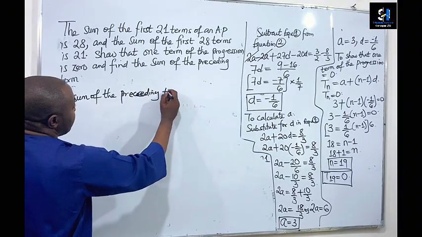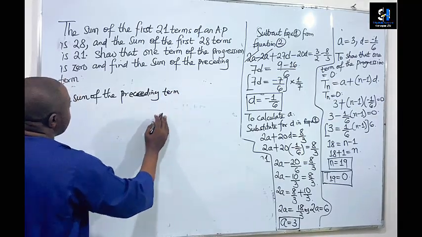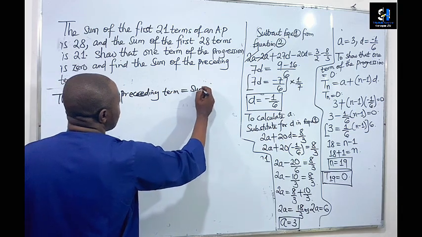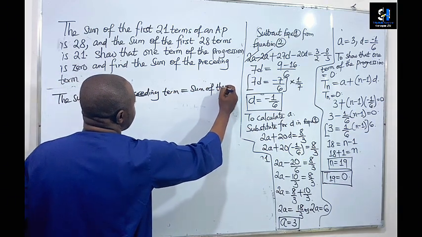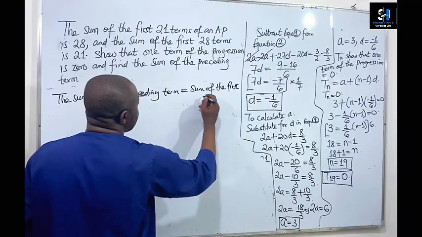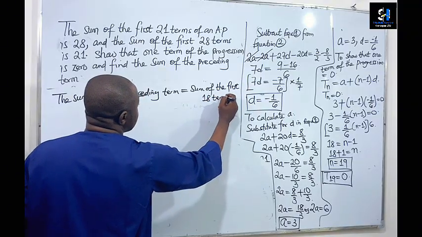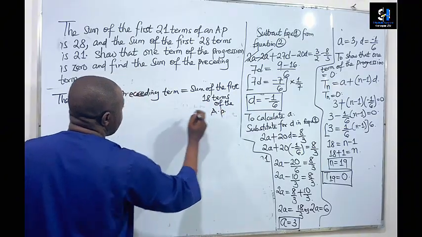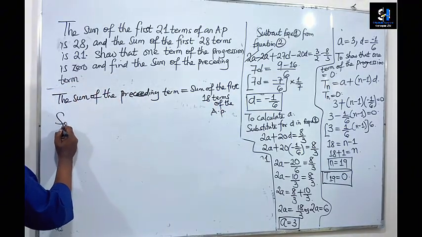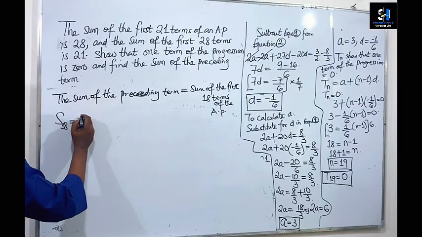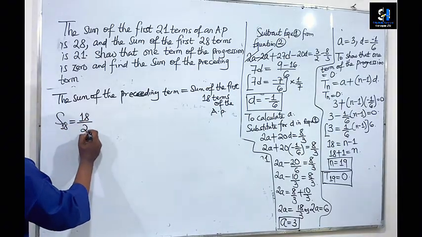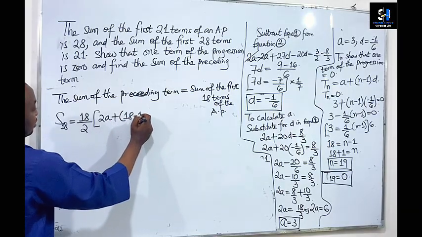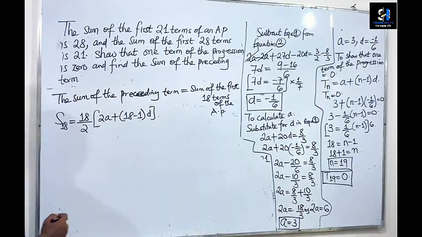The preceding term is the 18th term, which is the term before 19. So we look for the sum of the first 18 terms. The sum of the preceding term will be equal to the sum of the first 18 terms of the AP, and that will be S subscript 18 equals 18 over 2, open square bracket, 2a plus (18 minus 1) multiplied by d.